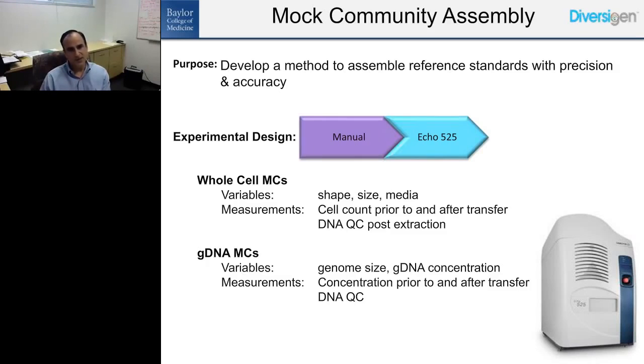The measurement that we would want to take is a cell count both prior to transfer and post-transfer. And then likewise, we would want to quantify the DNA companion mock community, both prior to and post-transfer. Some of the variables that we looked at there would be genome size and DNA concentration, which could impact the transfer.